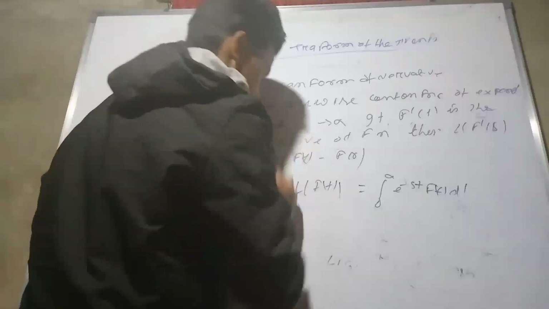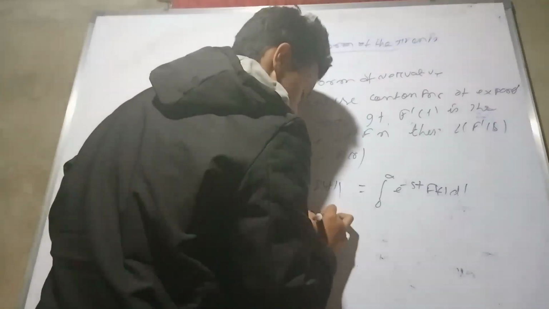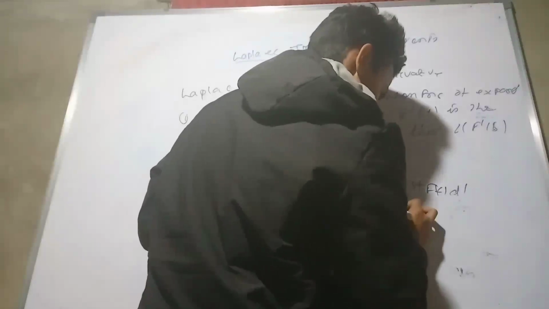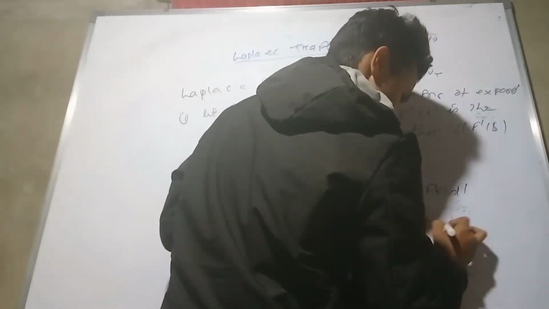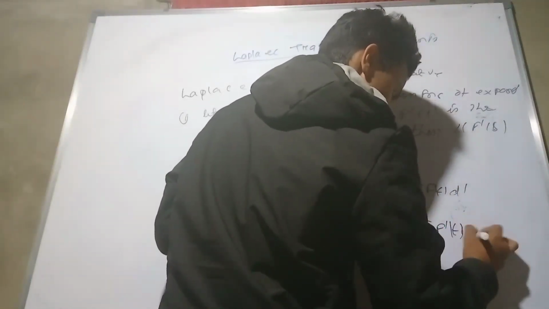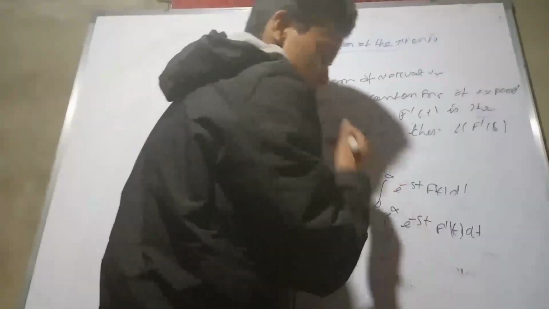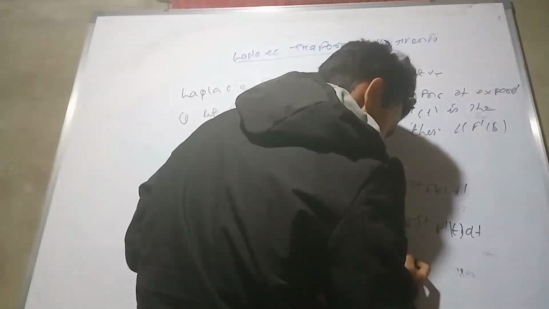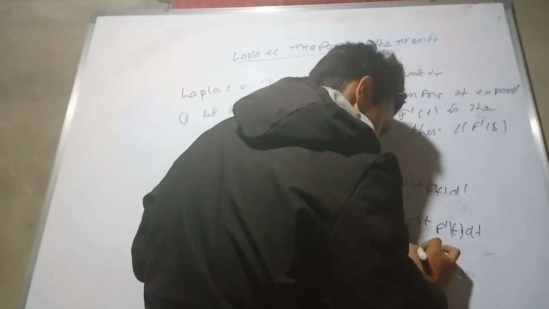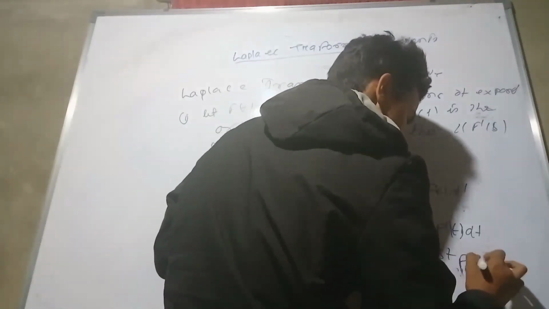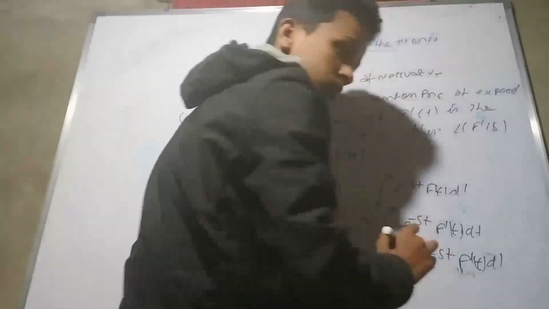So what we know: the Laplace transform of f dash t will be the integral from 0 to infinity of e to the power minus st times f dash t dt. Now by using integration by parts, that can be written as limit b tends to infinity, integral from 0 to b of e to the power minus st times f dash t dt.